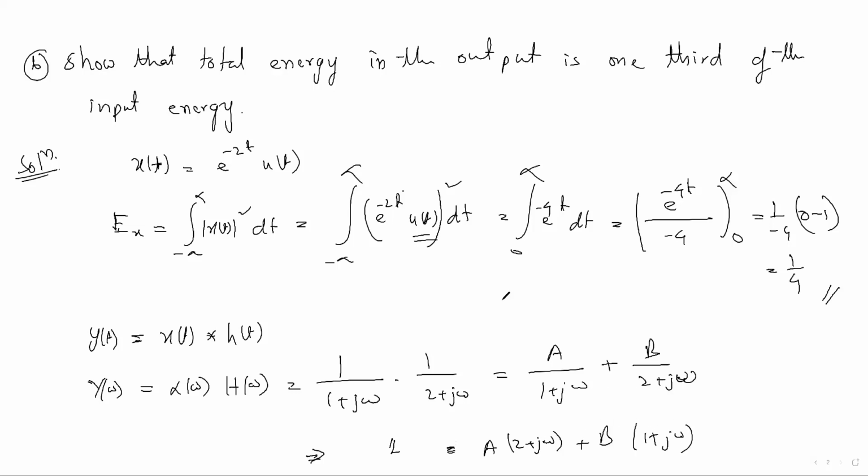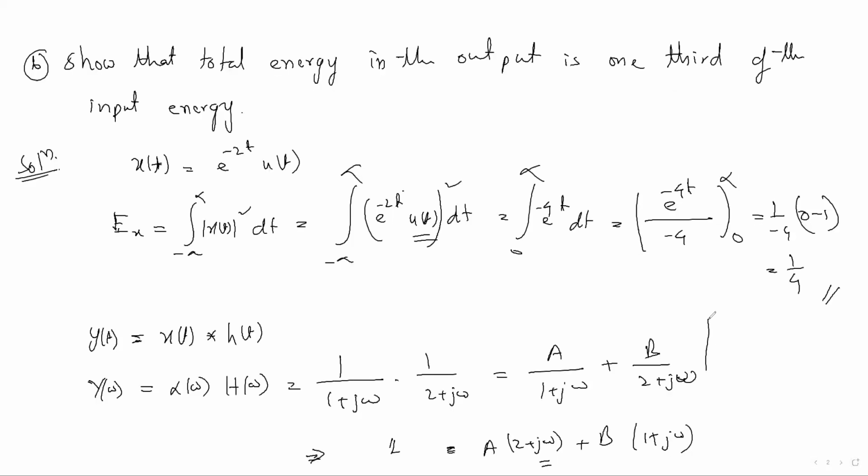Okay. So when you put j omega equal to -2, then B equals... let me come to the next page.